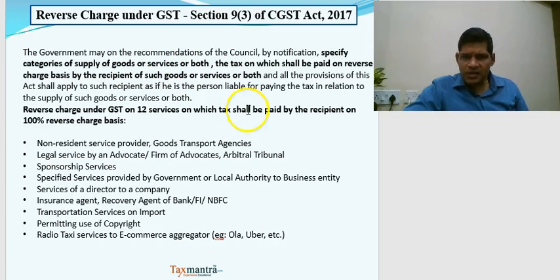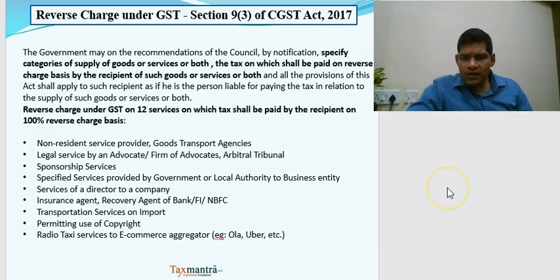Basically, the government can specify supplies in which the recipient will be required to pay GST under the reverse charge mechanism, and all the provisions of this act will apply to such recipient as if he was the person liable to pay tax in the first place.